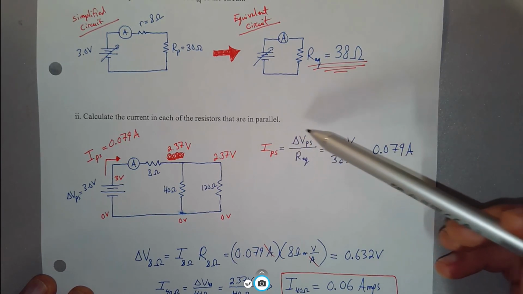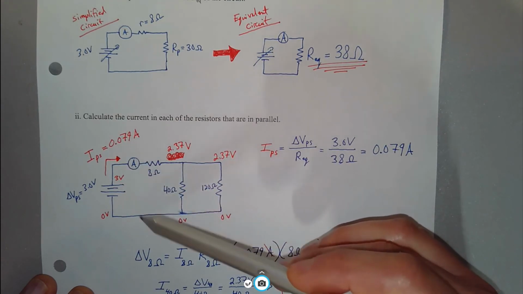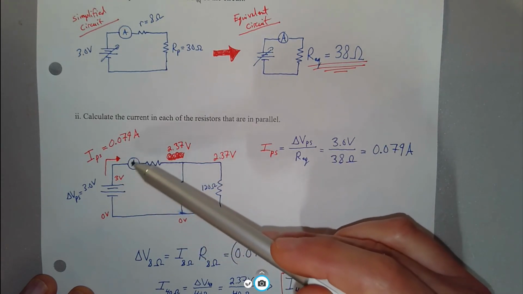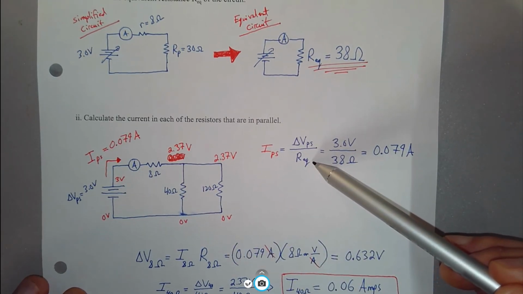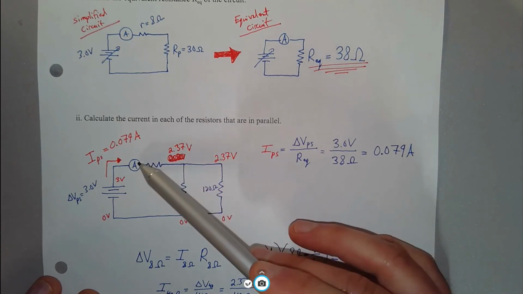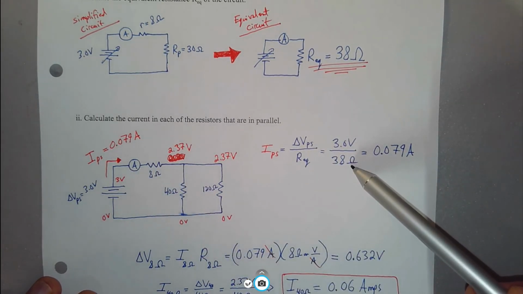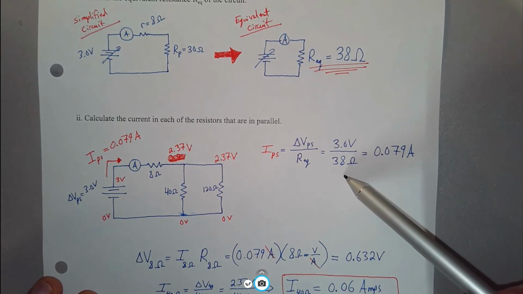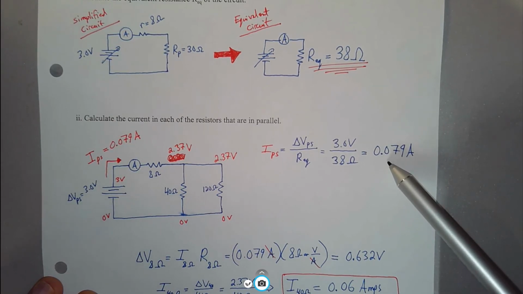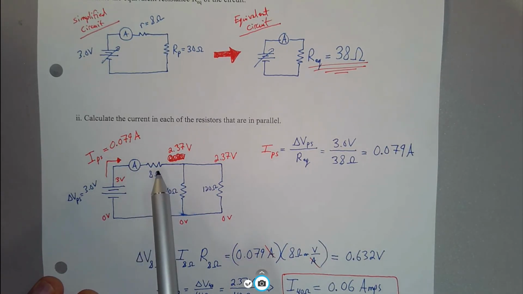That's equal to the change in voltage across all those resistors, which is the same as the power supply voltage, 3 volts, divided by the equivalent resistance of these. If there's 3 volts across all those resistors and they act like a 38 ohm resistor, 3 volts divided by 38 ohms gives 0.079 amps of current flowing out of the battery, which also flows through this little resistor.